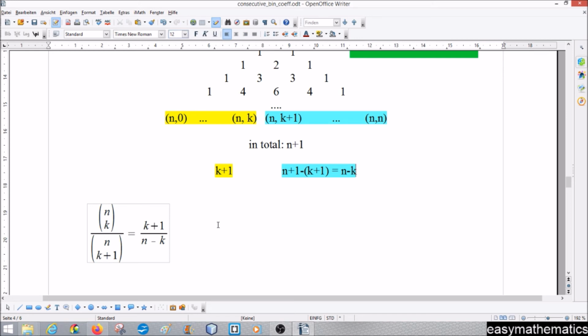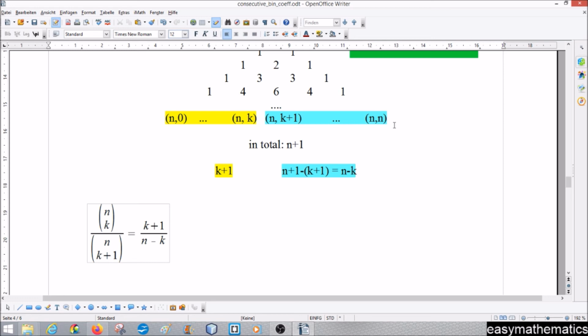This is my funny property. The ratio of two consecutive binomial coefficients is the same as the ratio of the lengths of these two segments. This is quite interesting.